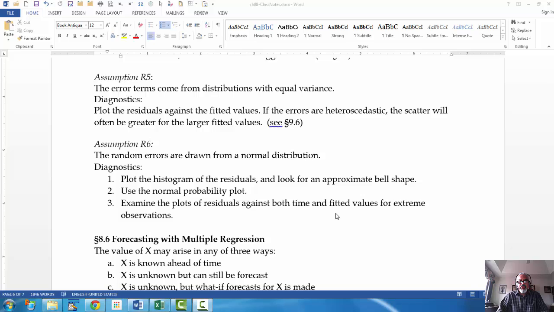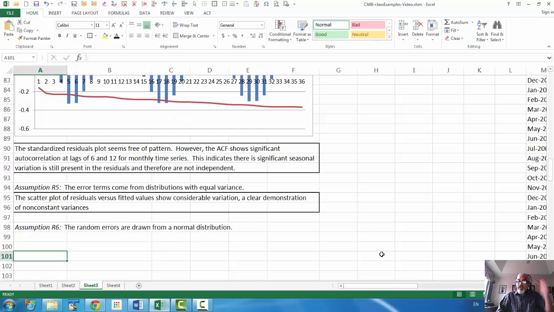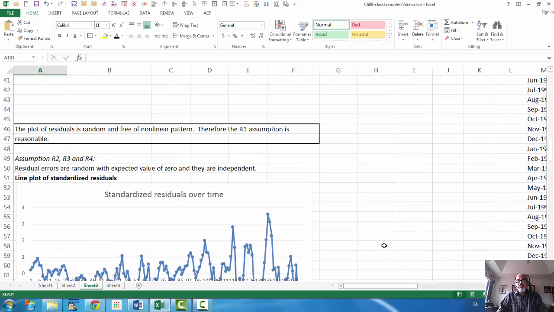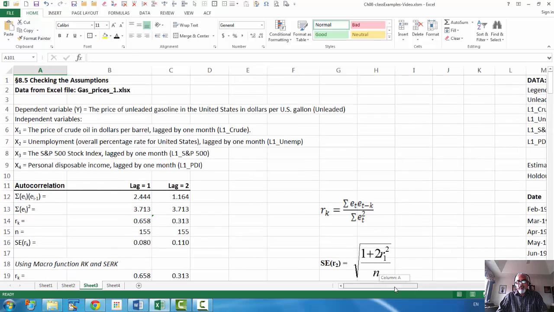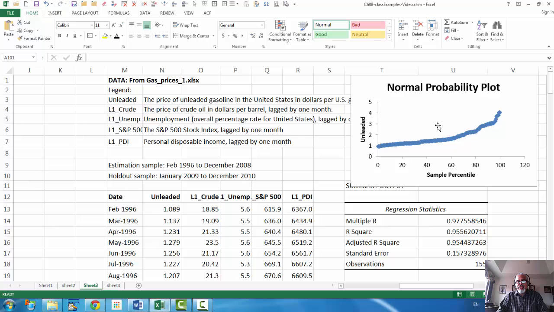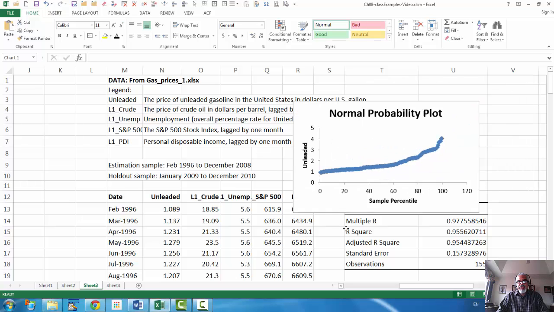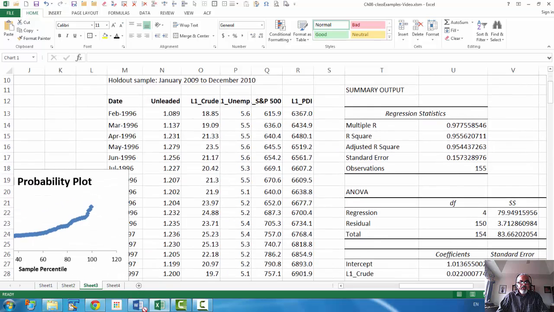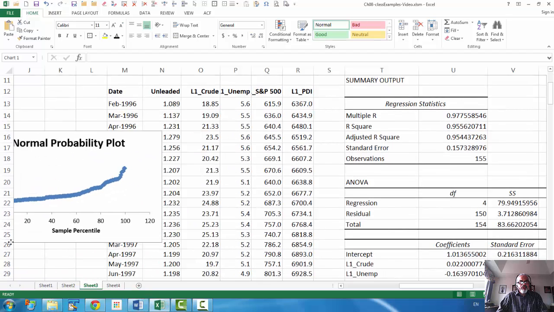So let's go to the Excel file and see what plots we already have and what plots we have to generate. We already have the normal probability plot when we ran the data analysis. So this is the Excel normal probability plot. Let's move that.